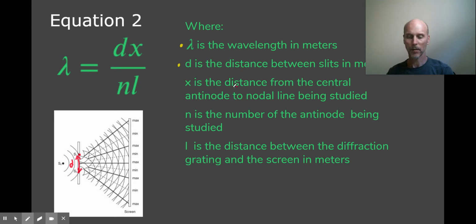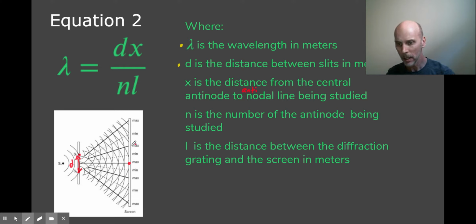X is the distance from the central antinode to the nodal line being studied. Again, this should be antinodal line. I thought I changed that, but it's the antinodal line. So on this picture, and in real life, when I shone that laser, you saw a really bright spot in the middle. That's the central antinode, central maximum, if you want to call it that.